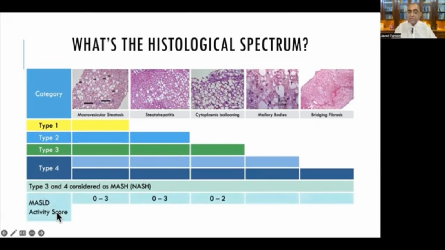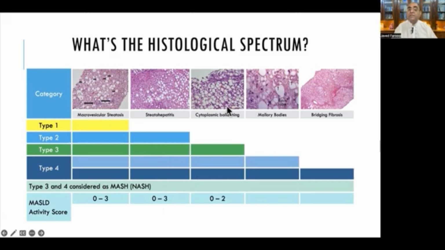The activity score may be 0. The macrovesicular steatosis is given grades 0, 1, 2, 3. Steatohepatitis 0, 1, 2, 3.